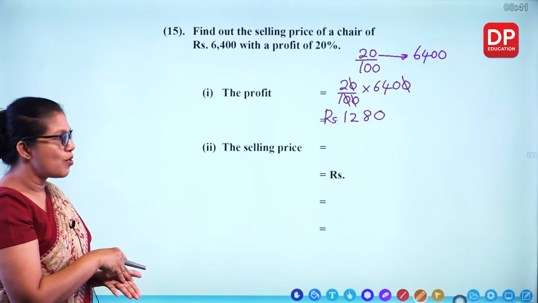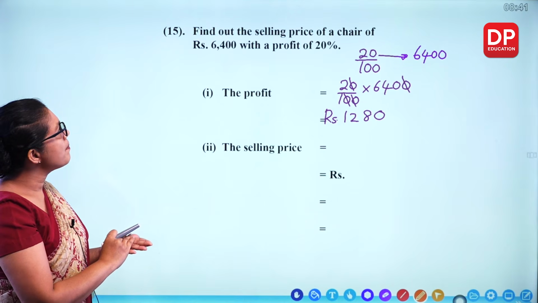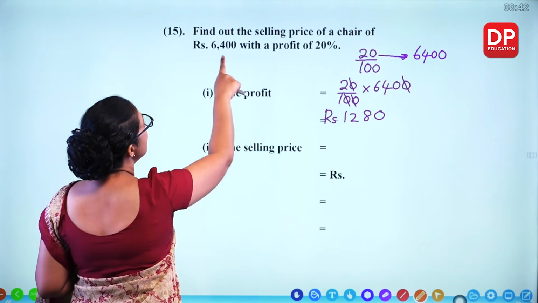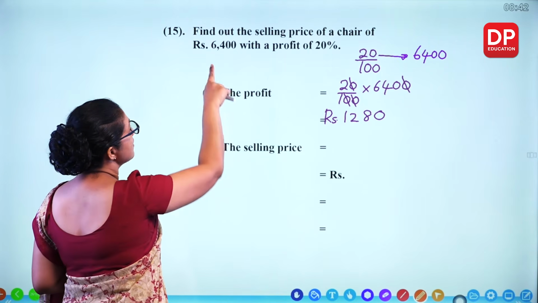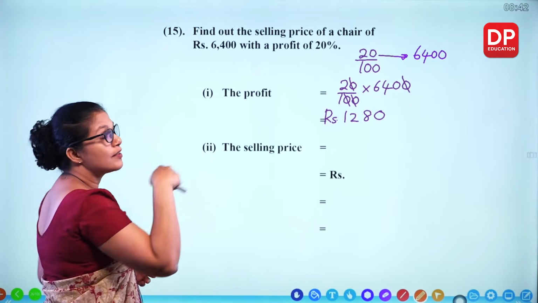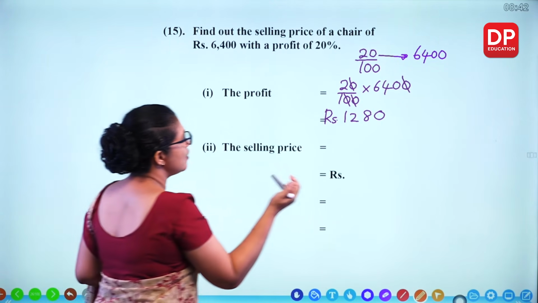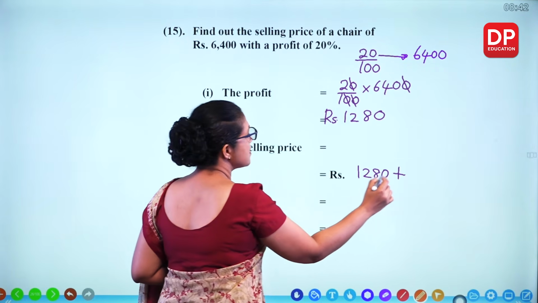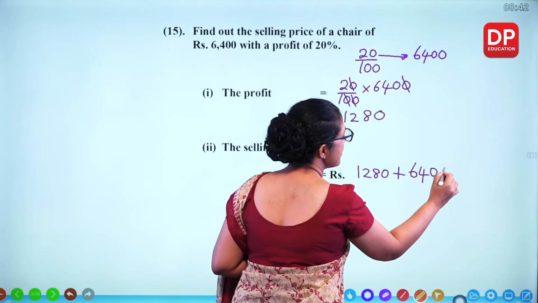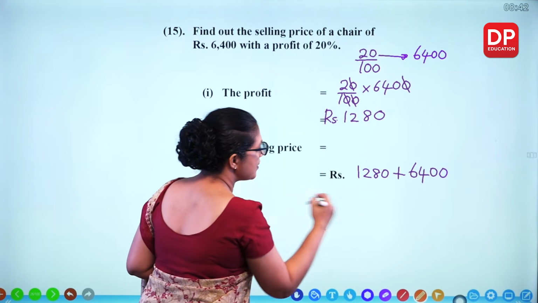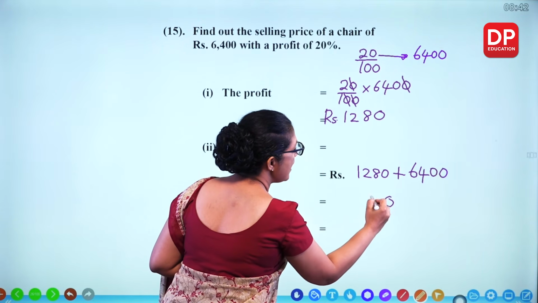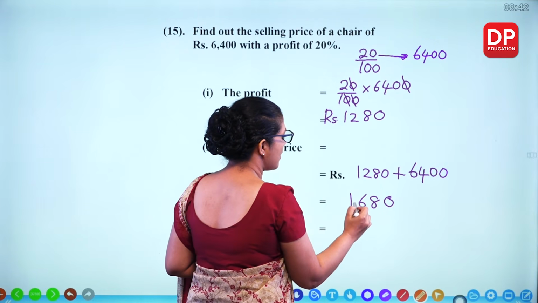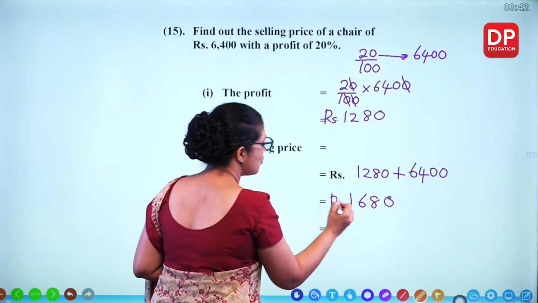So, what's the selling price now? Profit is 1,280 and the buying price is 6,400. So, what's the selling price? You have to add it. 1,280 add 6,400. So, 0, 8, 6 and 1.